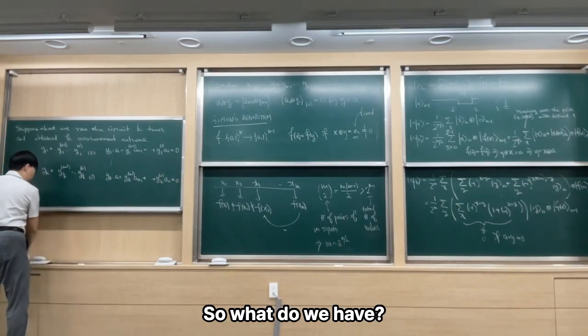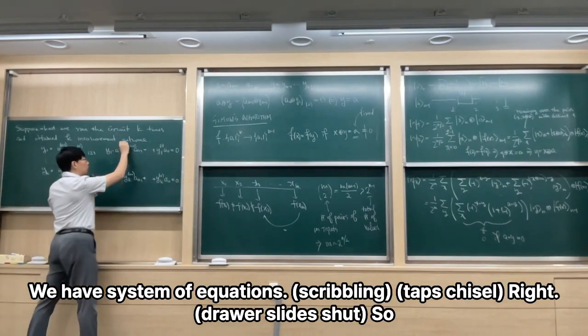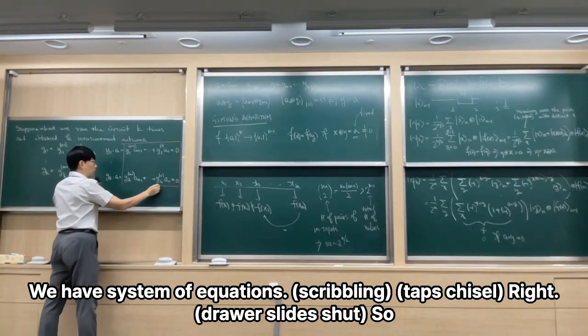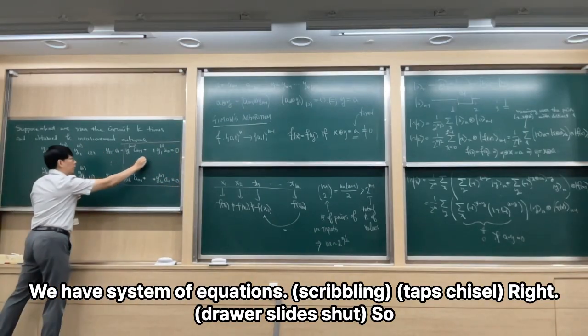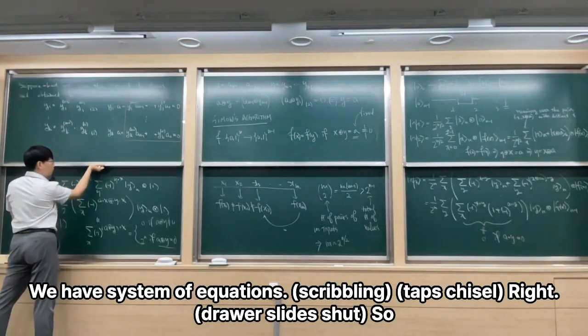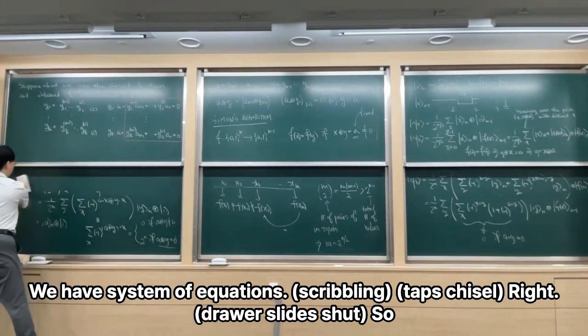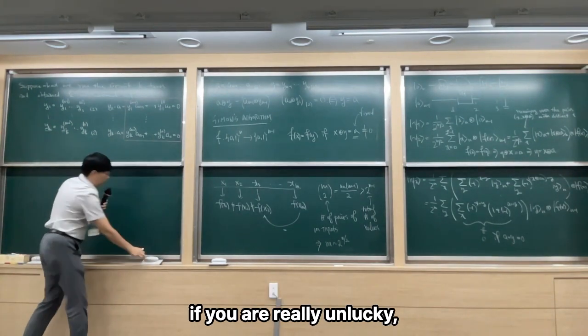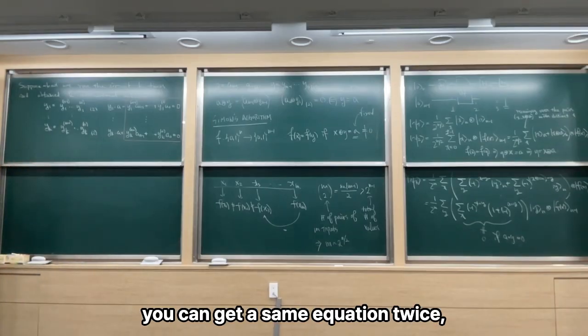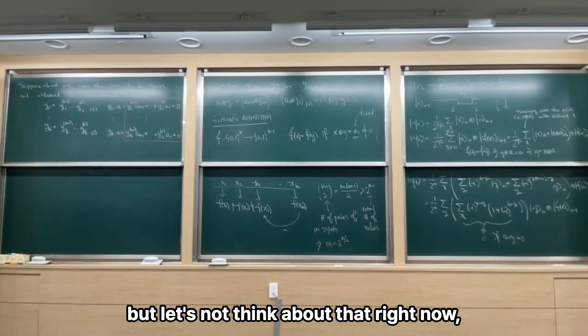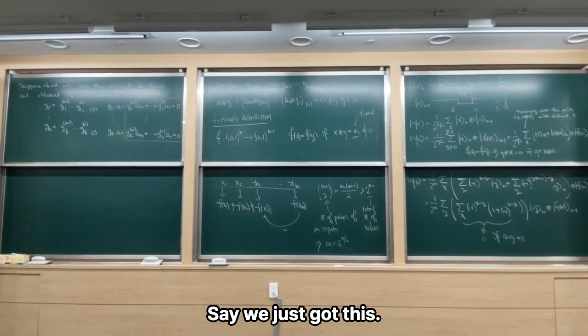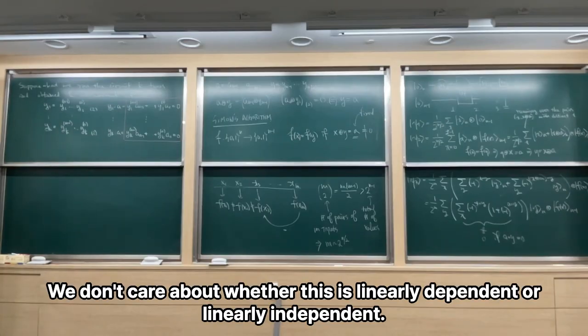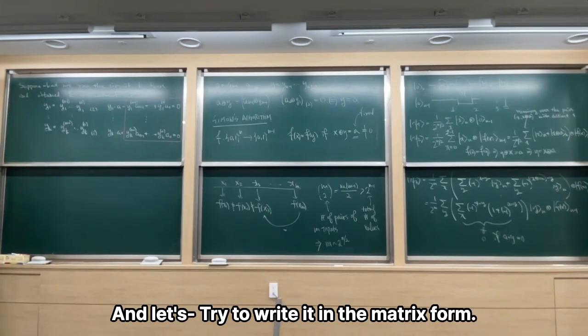So what do we have? We have a system of equations, right? If you're really unlucky, you can get the same equation twice, but let's not think about that right now. Let's say we just got this. We don't care about whether this is linearly dependent or linearly independent. And let's try to write it in matrix form.